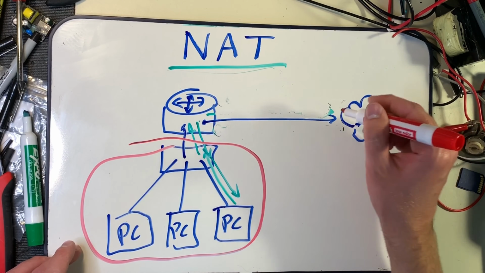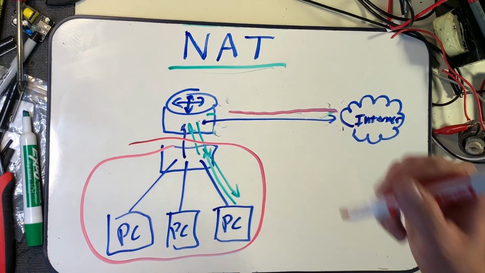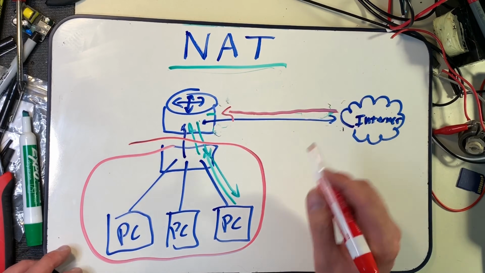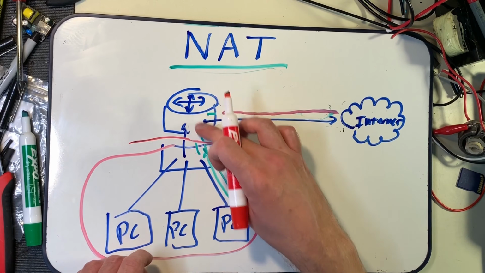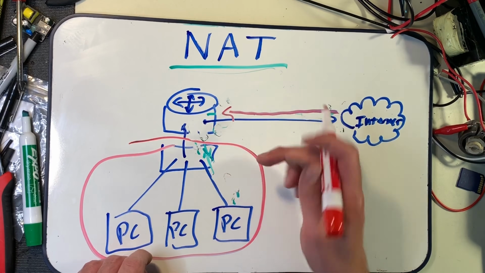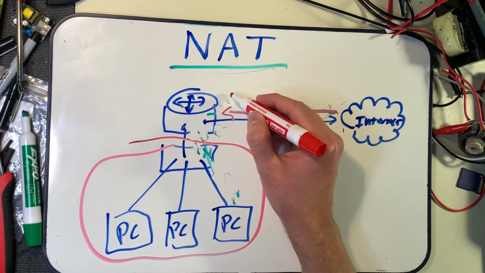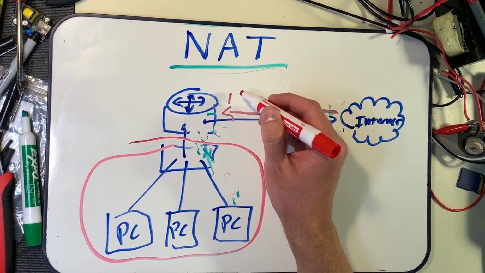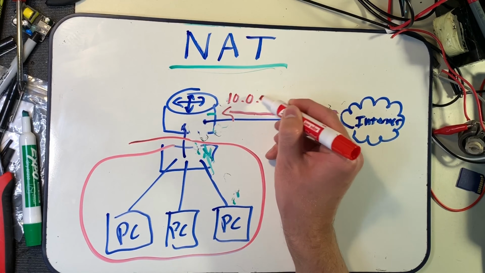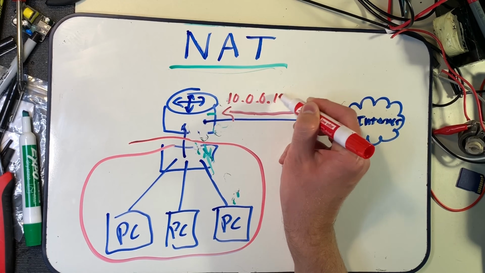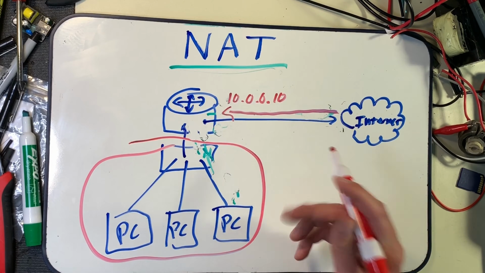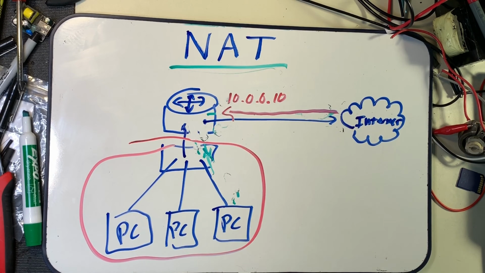But what happens if the internet initiates the first contact? Instead of the PCs trying to talk first, let's say the internet tries to talk first. Now you've got incoming traffic coming to a single IP address. Let's say it's just 10.0.0.10. That's not actually a valid internet IP address.